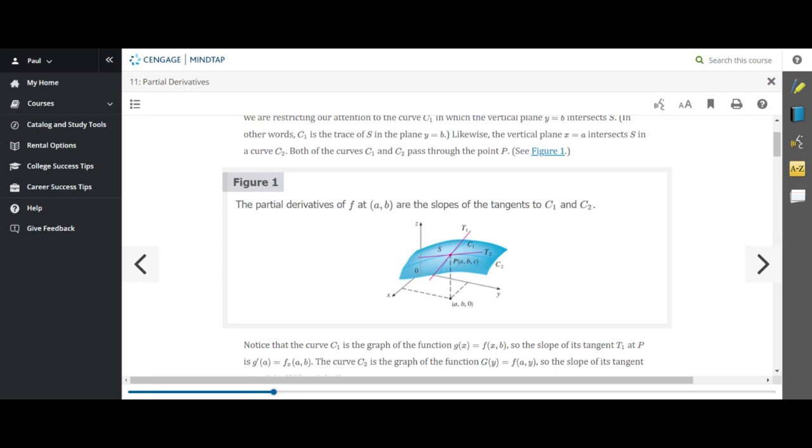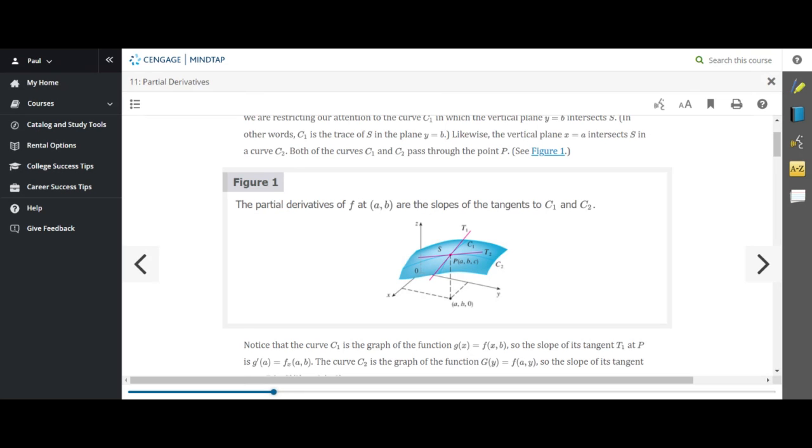That's right, and on that space curve, the points on the space curve, x changes, but y is constant, right? Y is some value. So the tangent line to the space curve at the point ABC, that T sub 1 tangent line, is parallel to the x-axis.